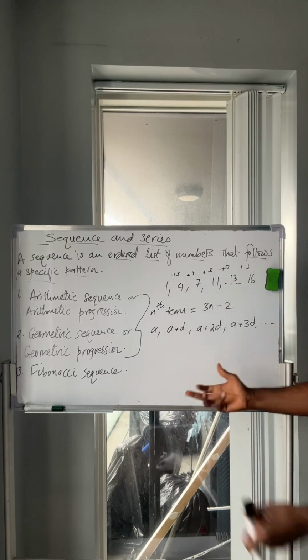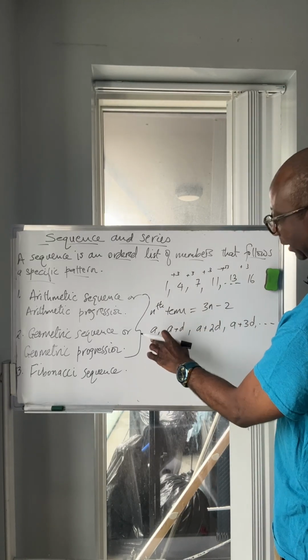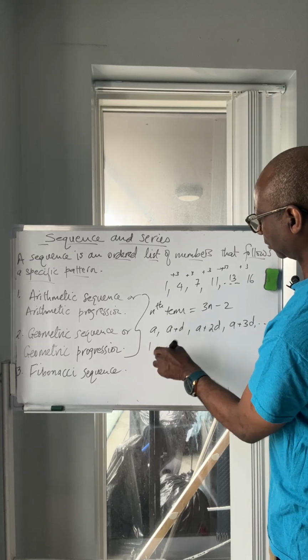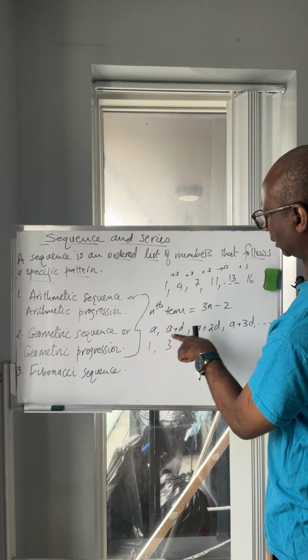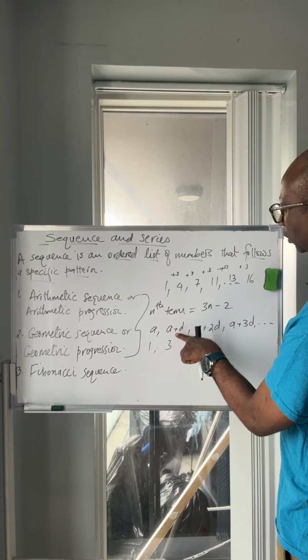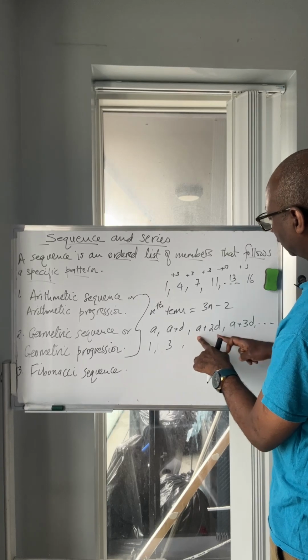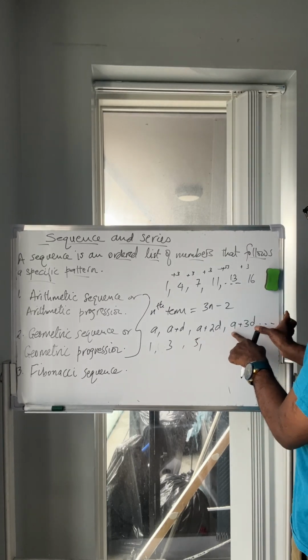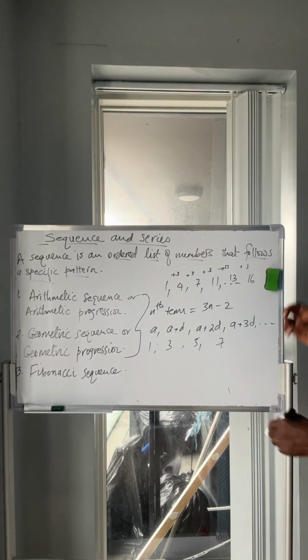What this means: assume that d is 2 and a is 1. So here we are going to get 1. This is 3, since a is 1 and d is 2. 1 plus 4 is 5, then 7.